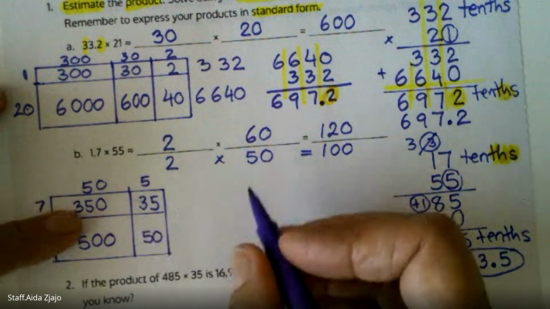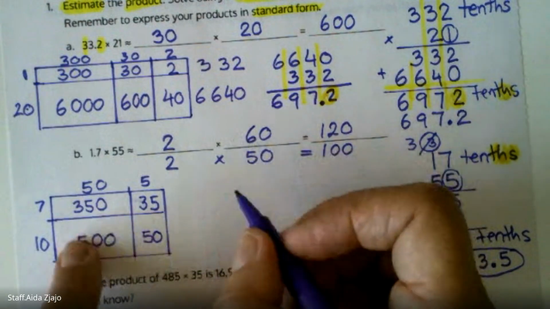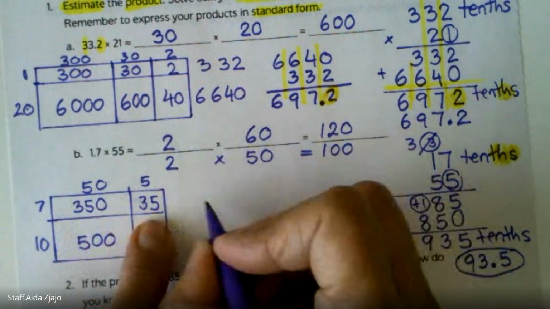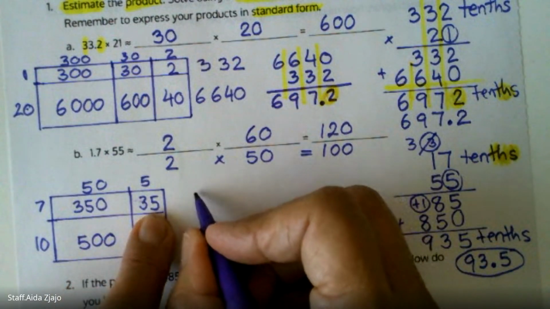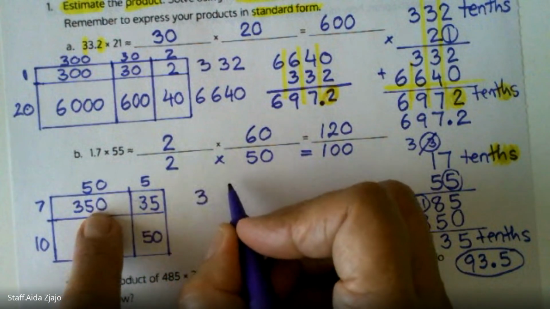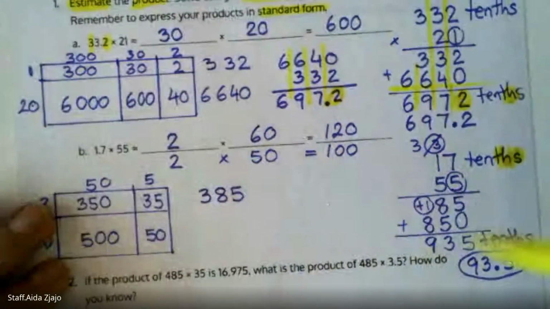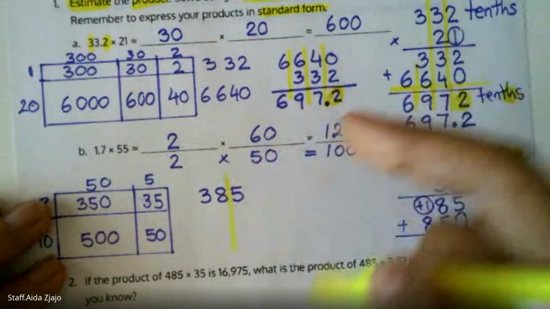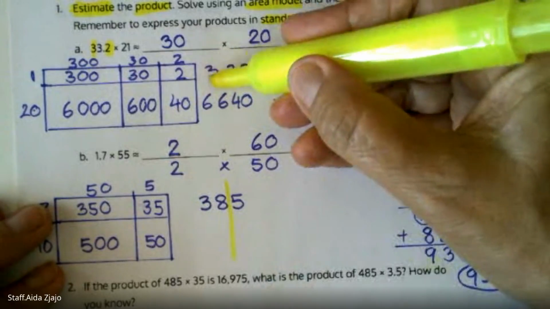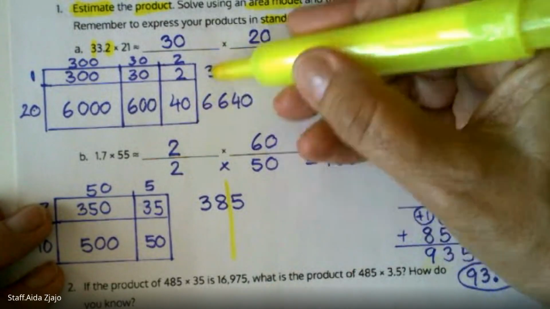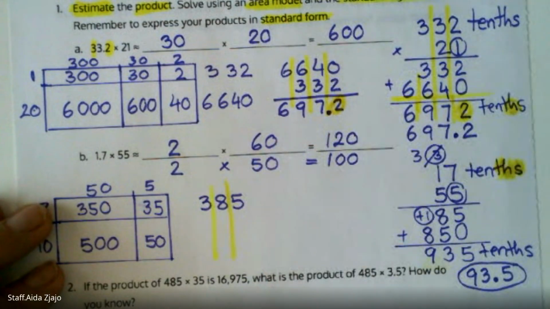Together, now I'm going to do correct place value already. So this is 350 plus 35 is 385. And if I am doing that, I don't need to rewrite, like I made a mistake here. If you look, my hundreds and my thousands were very close. So this is how you should think about it.